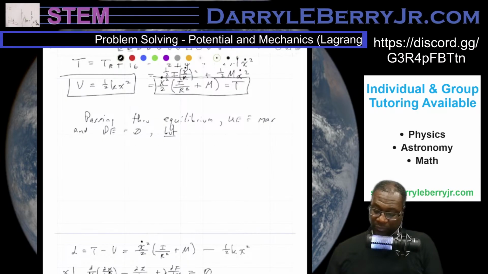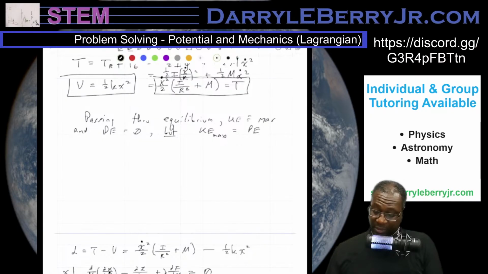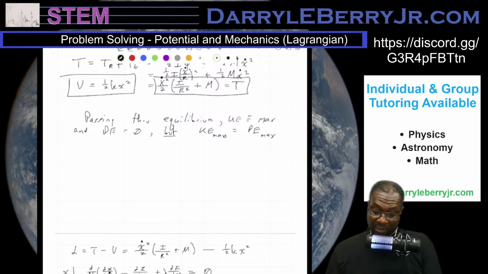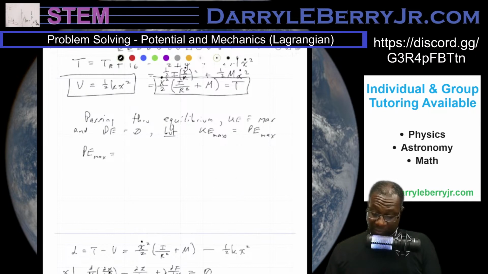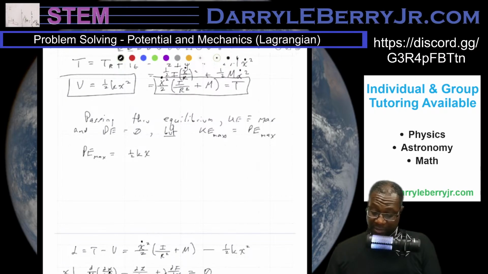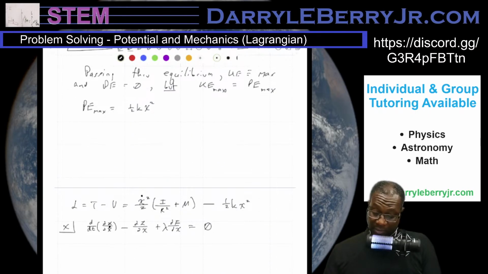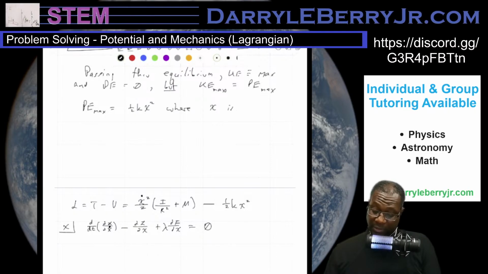But E max equals PE max. PE max equals 1/2 k x squared. X is max.